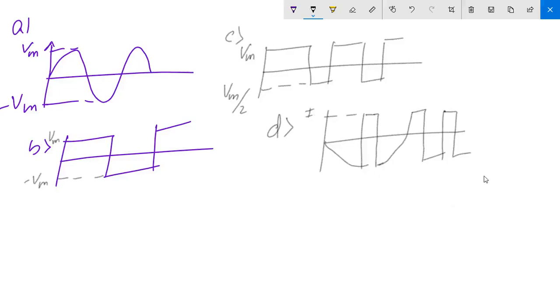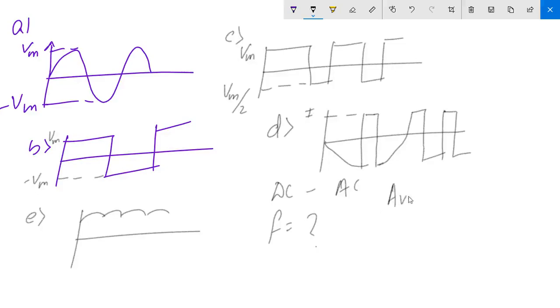You have to determine whether this is AC, DC, or what, what the frequency is, constant or variable, and whether it has an average value or RMS value.